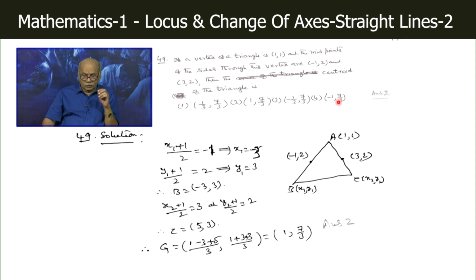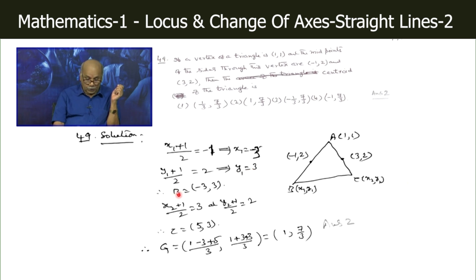Right. Now suppose B is (x1, y1). Since (minus 1, 2) is the midpoint of B (x1, y1) and A (1, 1), therefore (x1 plus 1) by 2 is equal to minus 1, which gives x1 is equal to minus 3, and (y1 plus 1) by 2 is equal to 2, so y1 is equal to 3.